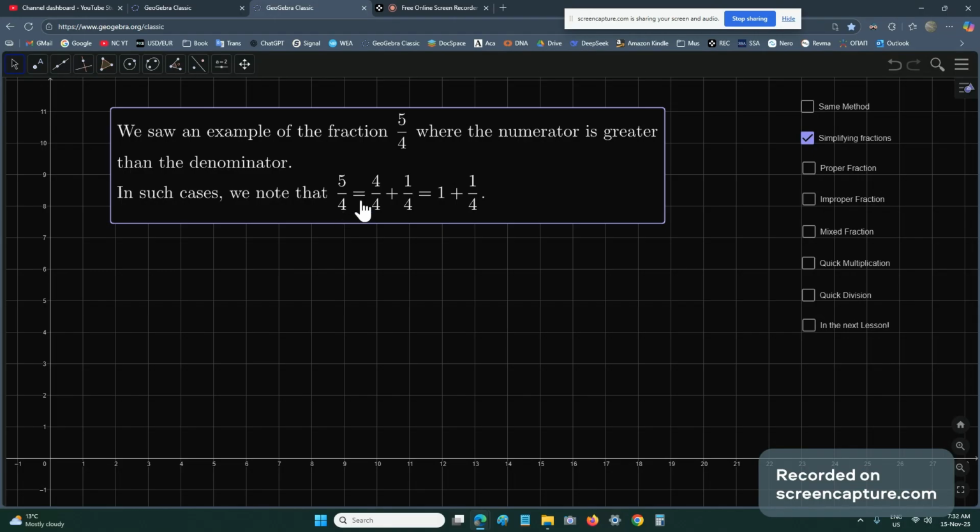It means 4/4 plus 1/4, right? So calling this an improper fraction or even a mixed number by writing it as 1 1/4 without the plus sign is stupid. It's just confusing. It doesn't help in the pedagogy process or in the teaching of these concepts.